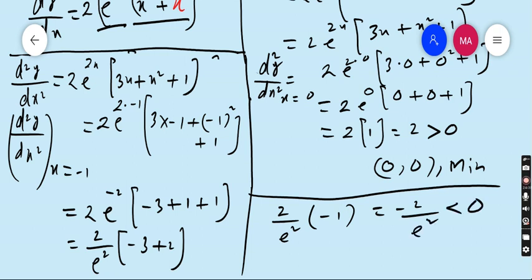Obviously this is less than 0, and it means (-1, e^(-2)) is maximum. So the answer in the book is 100% correct, but unfortunately I forgot to multiply x by 1, but found the mistake and corrected all the steps. Hope you enjoyed this part, very important from the examination point of view. Move to part C.